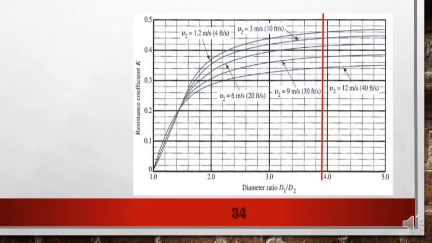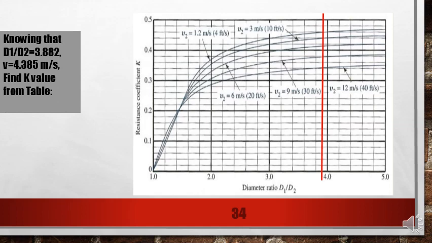Alright, so this is the Moody's chart that we're going to use for the sudden contraction. First thing first, we should know the ratio between D1 divided by D2. In this case, our D1 divided by D2 is 3.882, which is located here. And our V2 is 4.385.